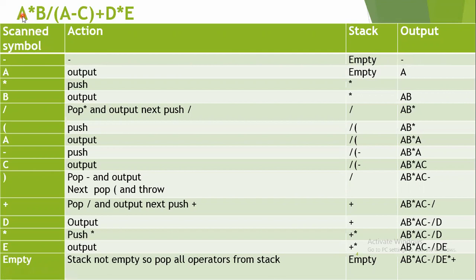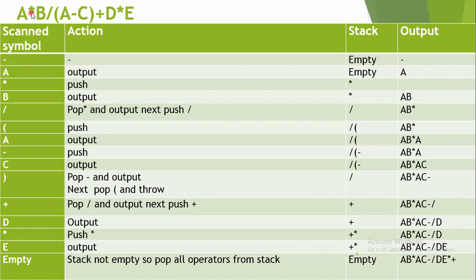It is A. When the scanned symbol is an operand, you directly output it on the output side. So on the output side, write the scanned symbol, which is an operand, that is A.